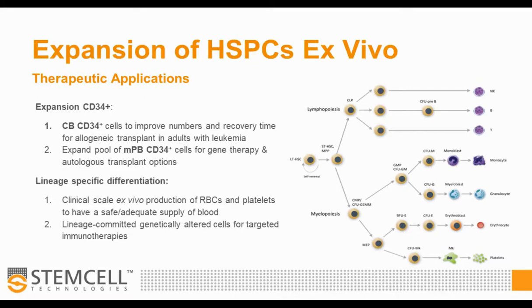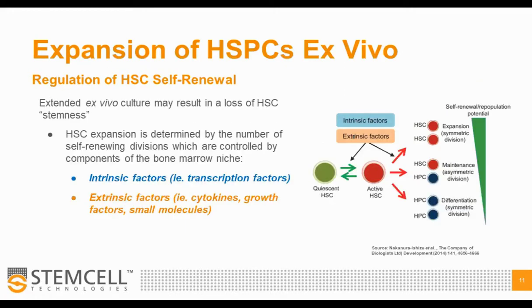So a lot of applications based on just the expansion of hematopoietic stem cells ex vivo, and due to 30, 40 years of research, we now have a lot of knowledge about the conditions that are required.